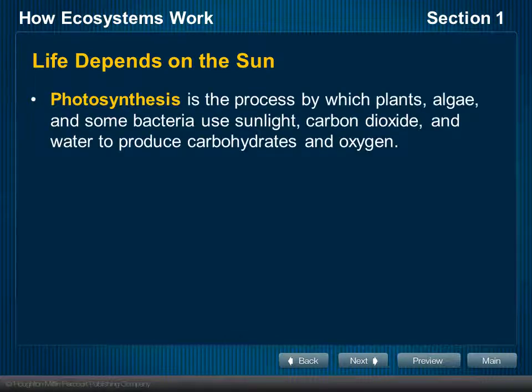And we see here that photosynthesis is defined. It's a process, it's a chemical reaction. Plants, algae, some bacteria, whatever the organism is, it has to have chlorophyll. They will use sunlight. They will use carbon dioxide and water.